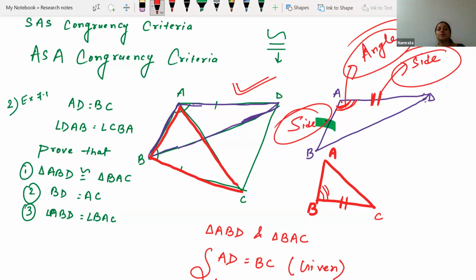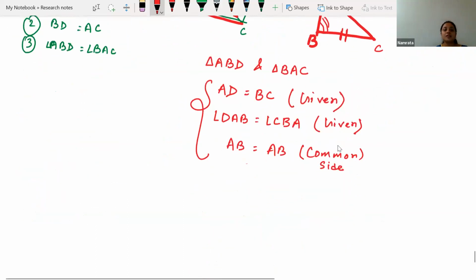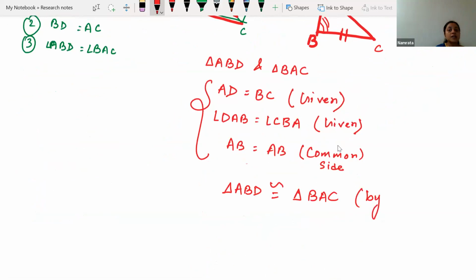So here I am going to write that triangle ABD is congruent with triangle BAC by side angle side congruency criteria.